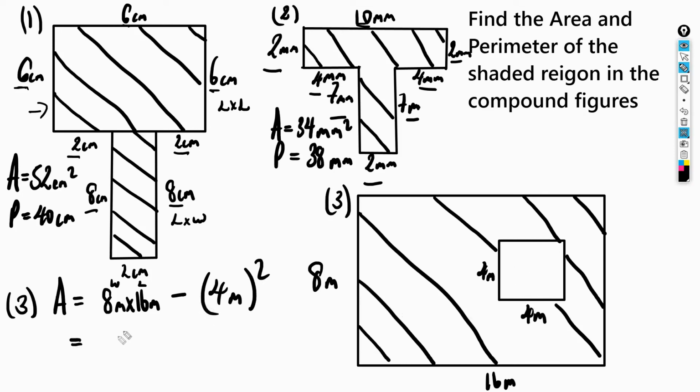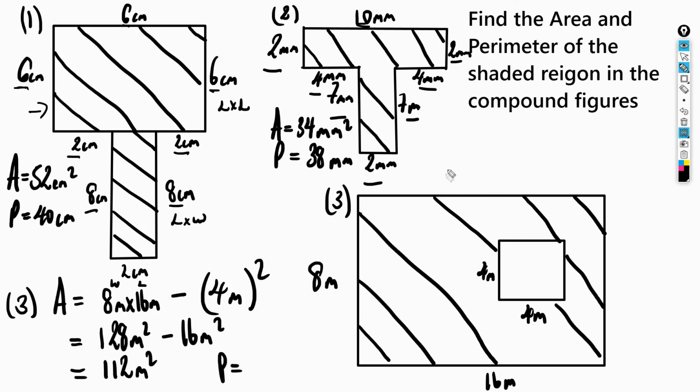All right, so 8 times 16 should actually give us 128 meters squared, and 4 squared would end up being 16 meters squared. Okay, so when we subtract these two for the area, we should actually end up with 112 meters squared. All right, guys. Now for the perimeter, it's kind of obvious what the perimeter is.